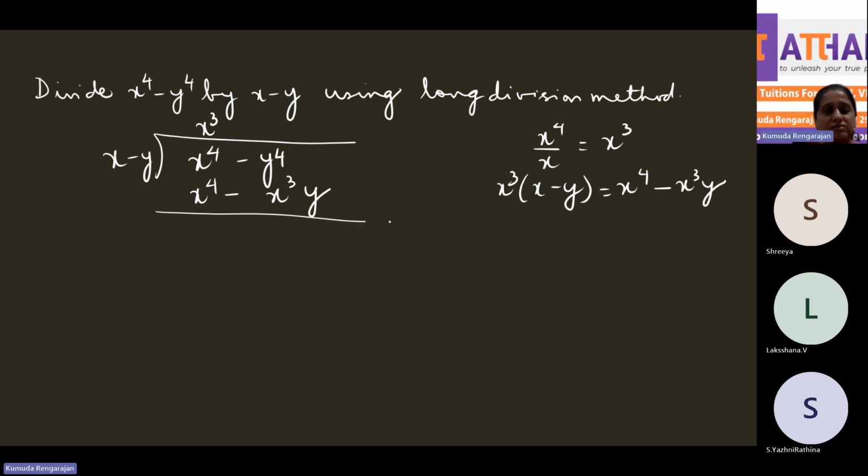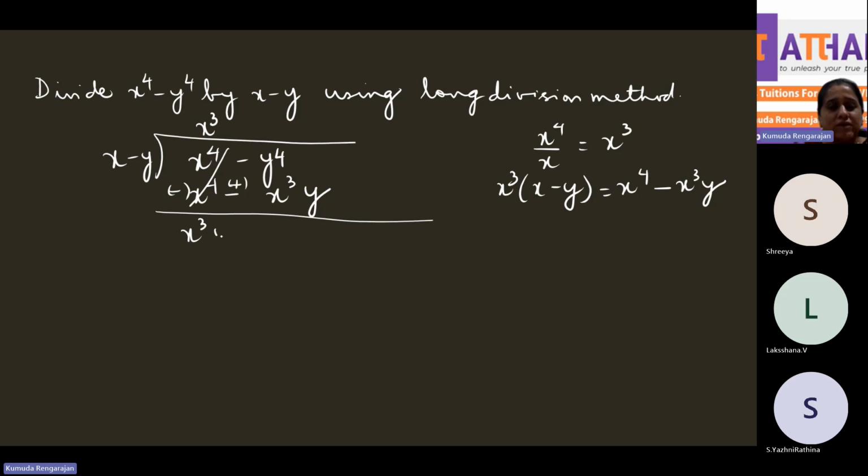Now change the signs. x to the power 4 minus x to the power 4 gets cancelled. Now these are unlike terms, so you cannot simplify them. They'll come down as they are. Write the term which has x first.